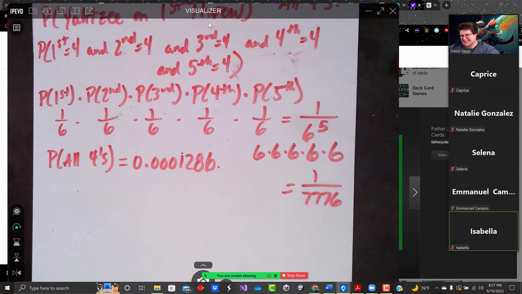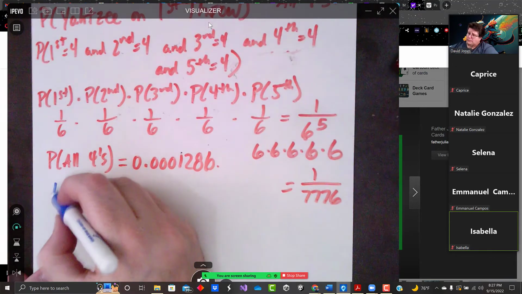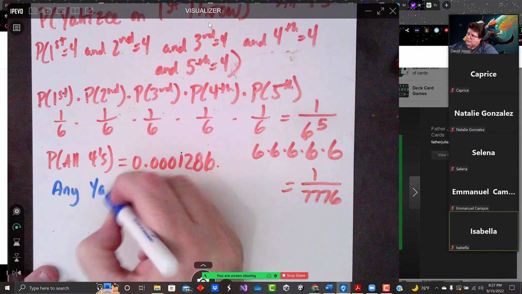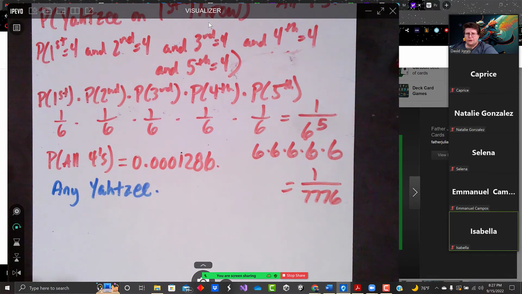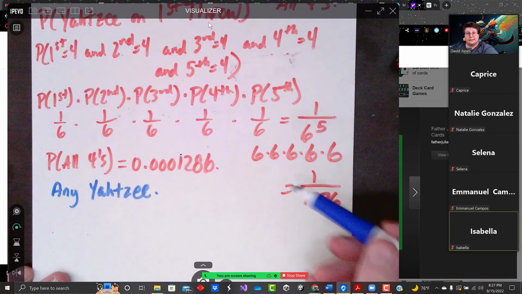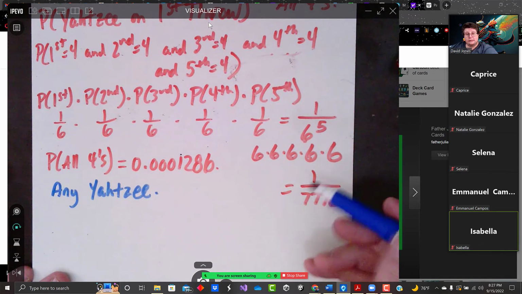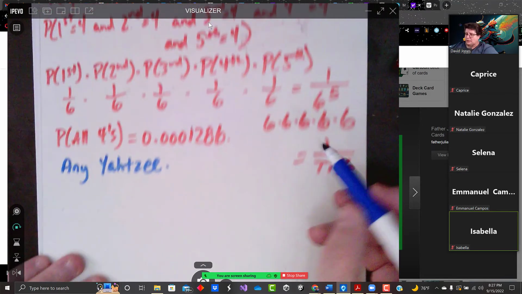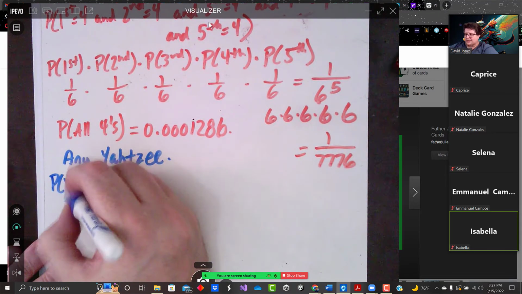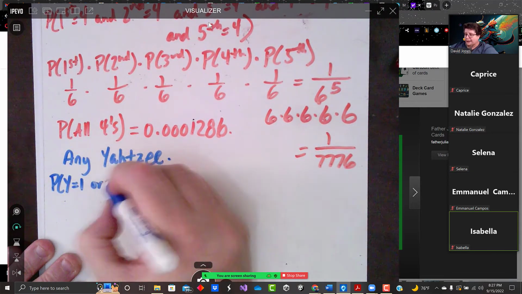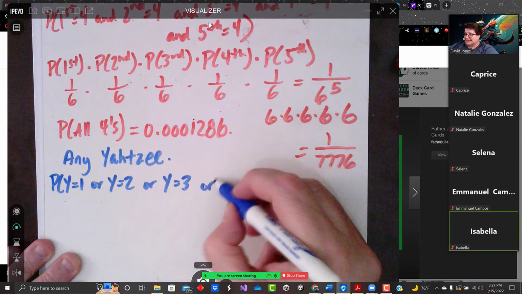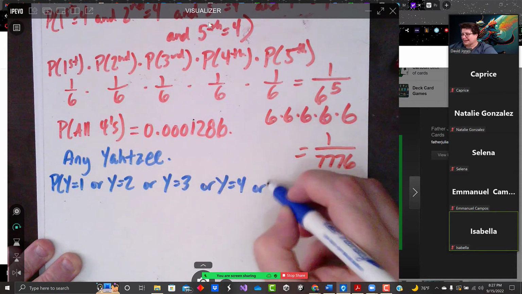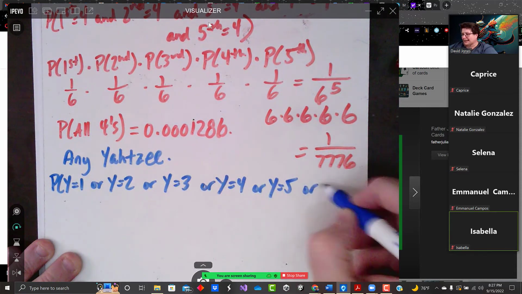If you want any Yahtzee, well, there's 6 different possible Yahtzees. So I could say probability of Yahtzee of 1s, or Yahtzee of 2s, or Yahtzee of 3s, or Yahtzee of 4s, or Yahtzee of 5s, or Yahtzee of 6s.